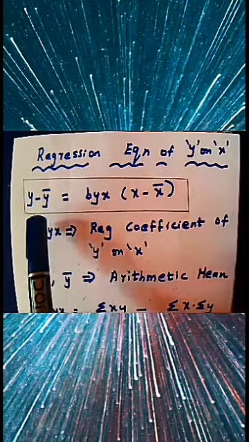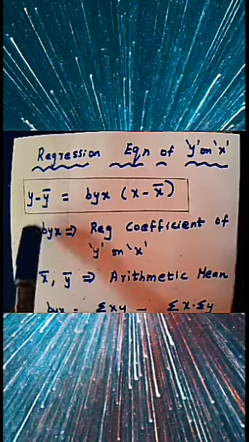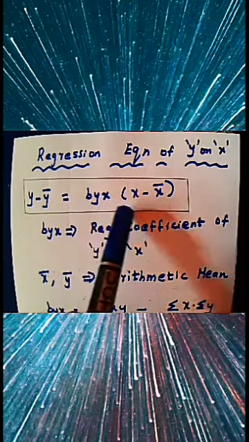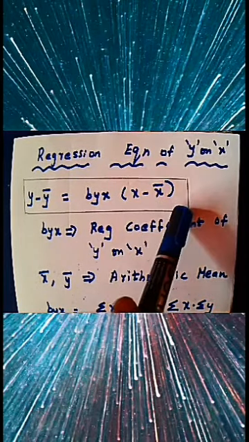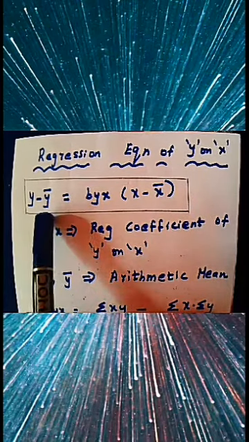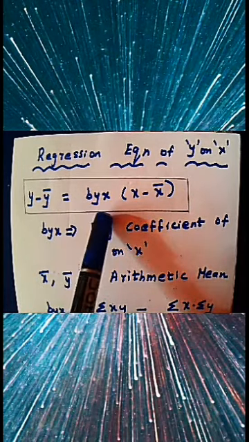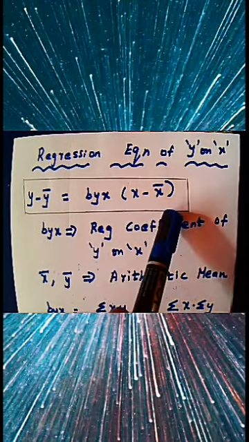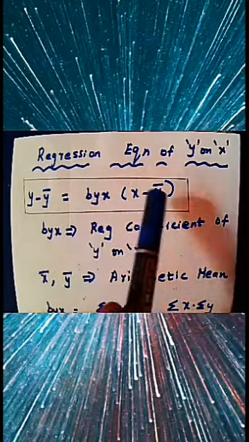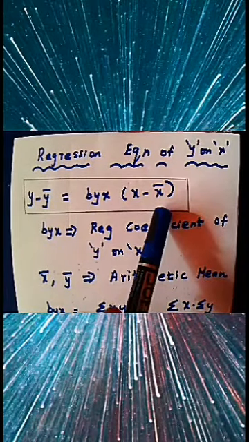The equation is Y minus Y bar is equal to BYX times X minus X bar. Say along with me: Y minus Y bar is equal to BYX into X minus X bar, where Y bar is the arithmetic mean of the Y variable and X bar is the arithmetic mean of the X variable.